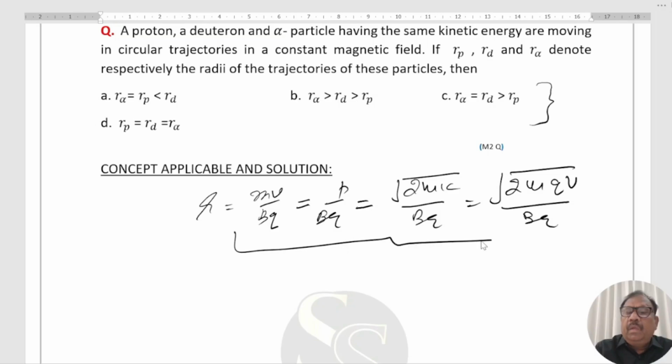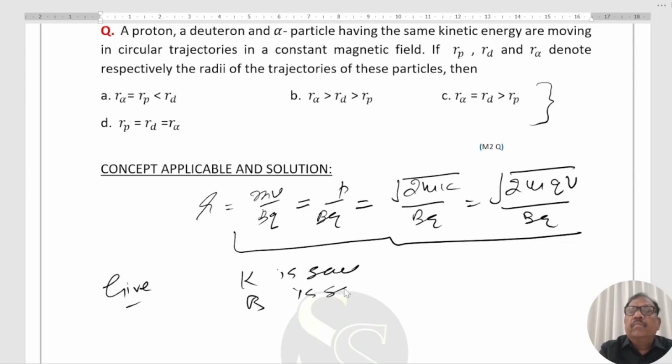Pick up any as per the requirement. Now given is proton, deuteron and alpha have the same kinetic energy. K is same, B is same.